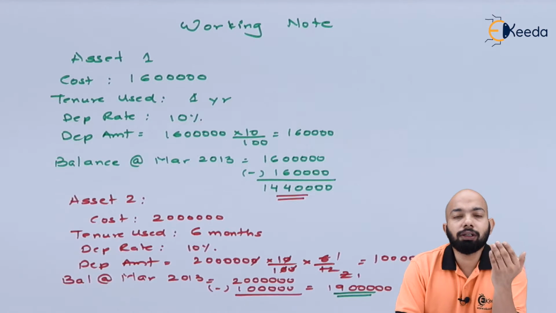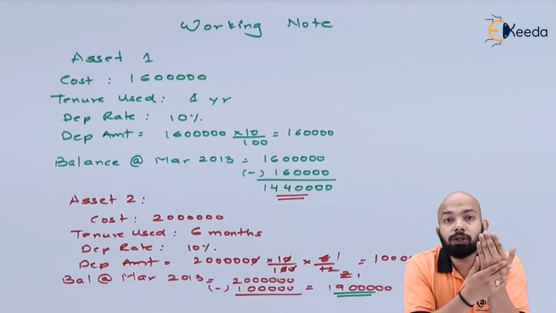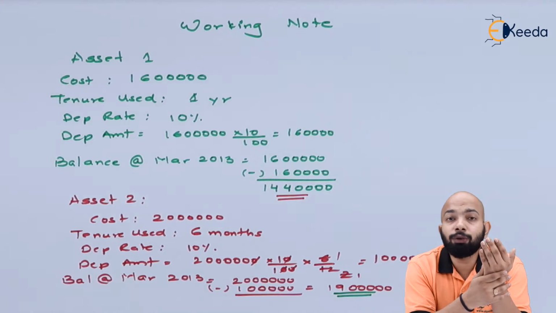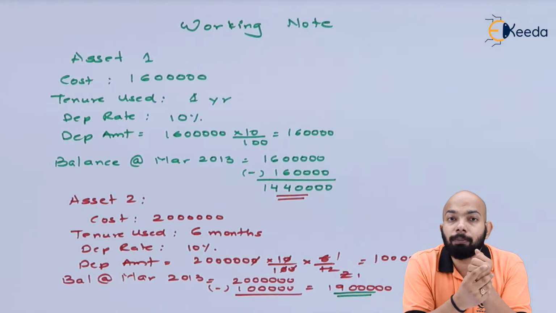That means for financial year 2012-13, asset 1 will have a balance of 14,40,000. Similarly, we have a working note for asset number 2, which was purchased on October 1st, 2012.